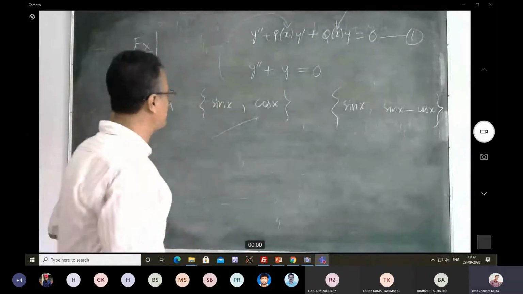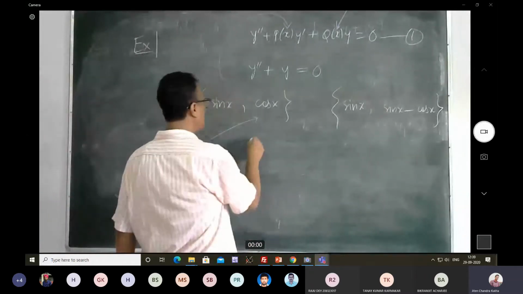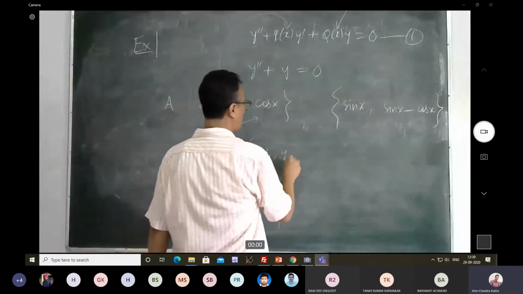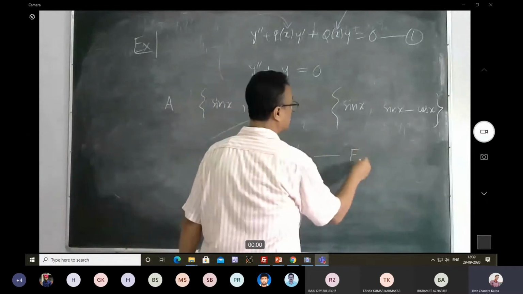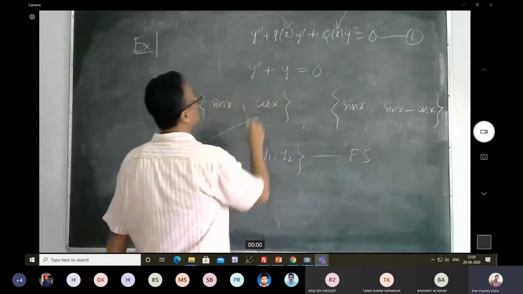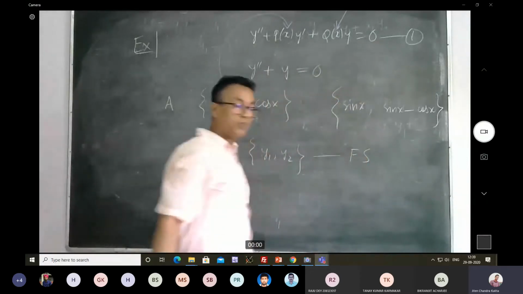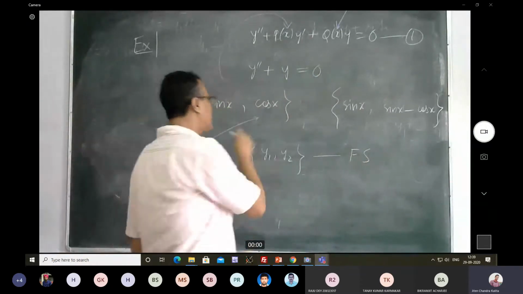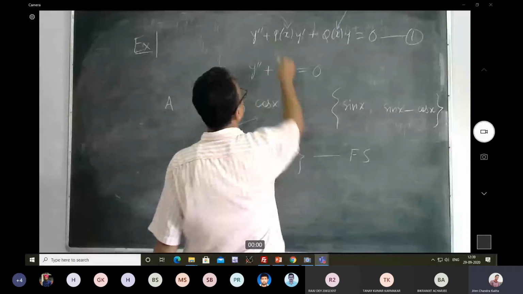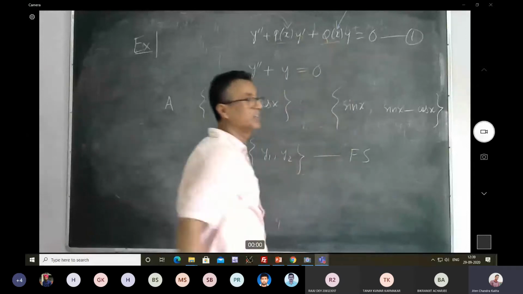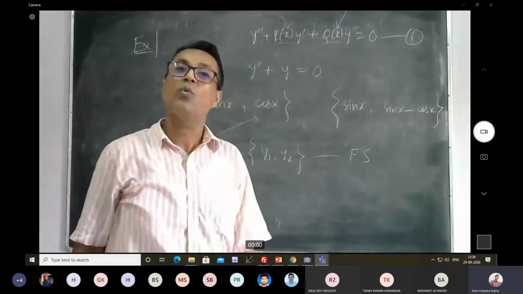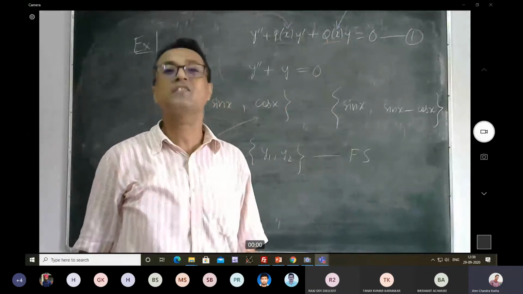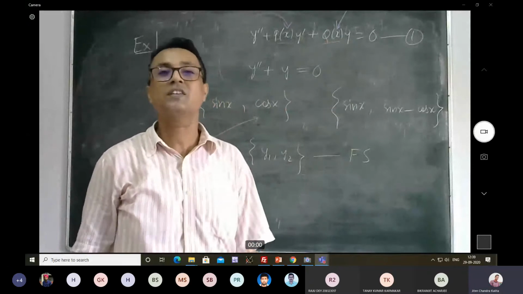What I mean is that suppose you have found out that y1, y2 is a fundamental set of solutions of the given differential equation 1. So can I uniquely determine the coefficients p(x) and q(x) in terms of y1 and y2? And the answer is yes.